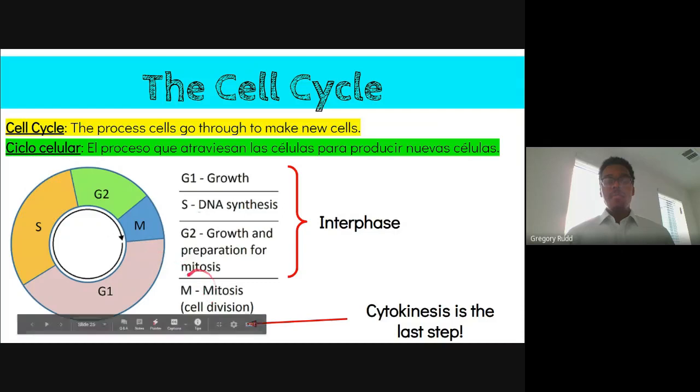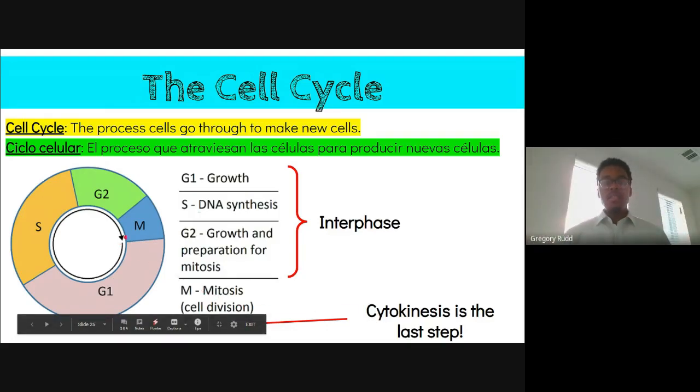After interphase, we undergo what's called an M phase. M phase can either be mitosis or meiosis. Again, we'll talk about it in another slide. And then the last step would be cytokinesis, which is when the 2 cells actually split apart from one another.